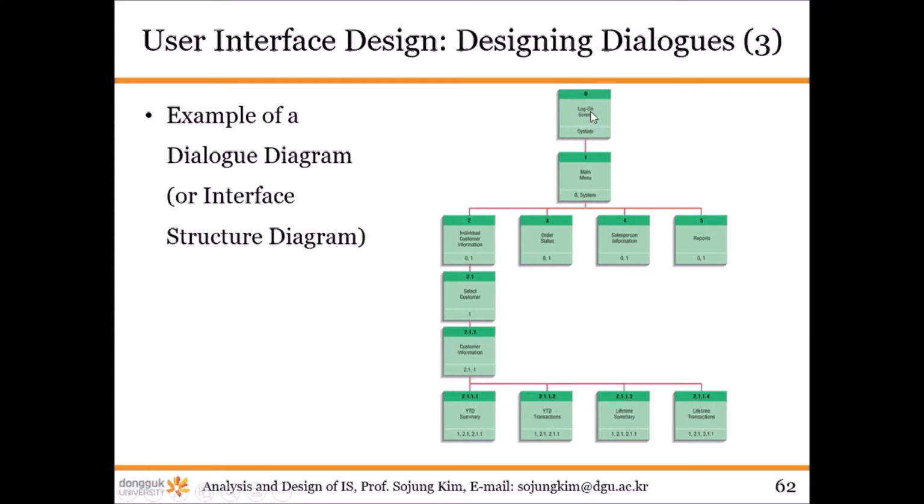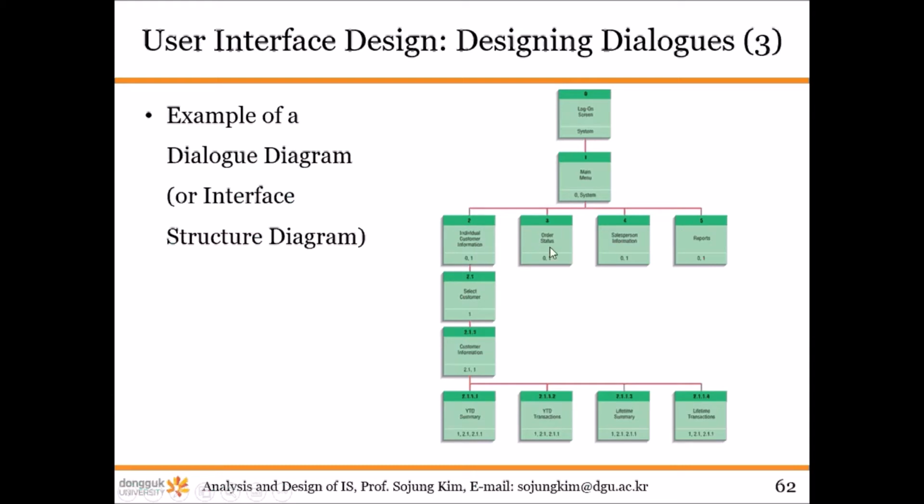So here, the logon screen, and then the main menu, and under the main menu there are four: one, two, three, four, right? So individual customer information, order status, salesperson information and report. So based on your website's actual design, it can have multiple, okay?